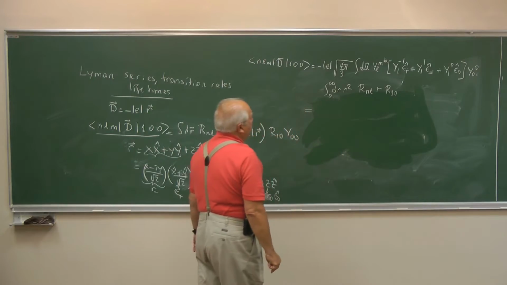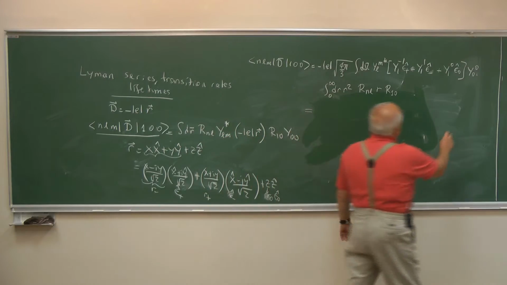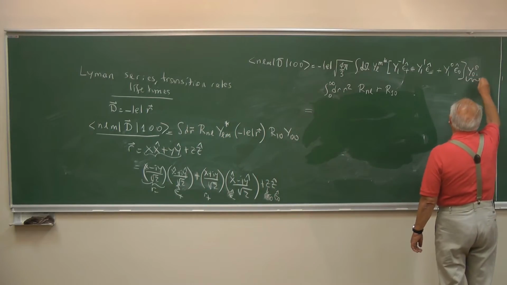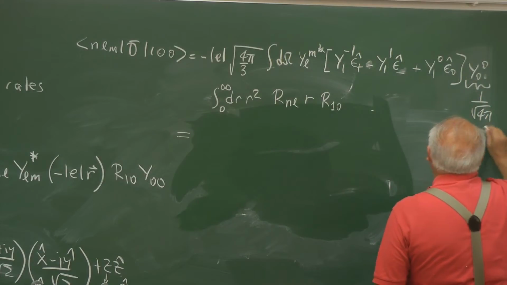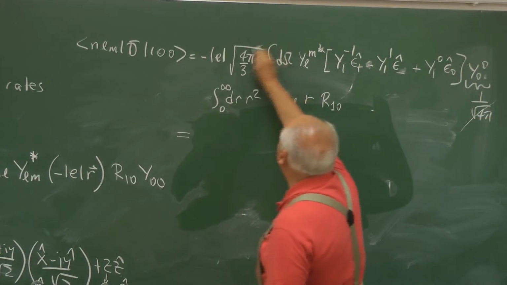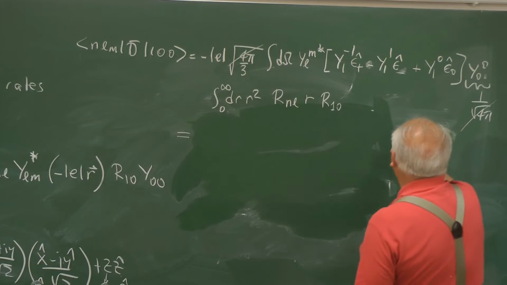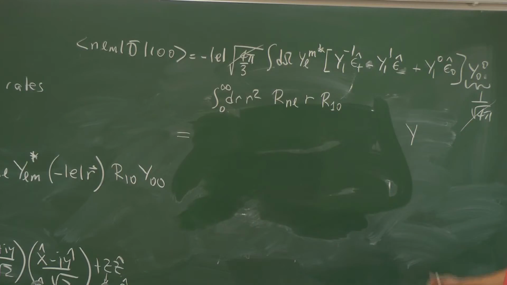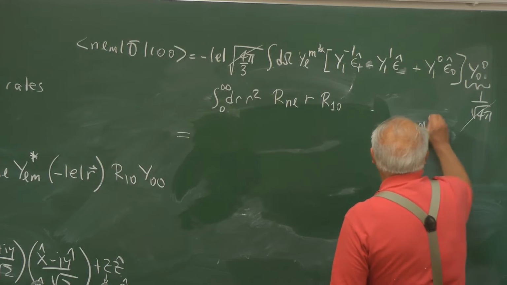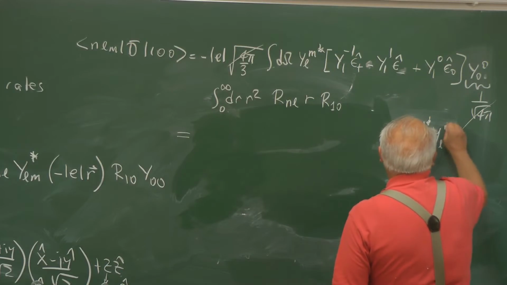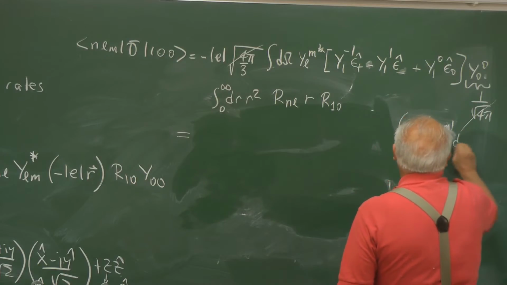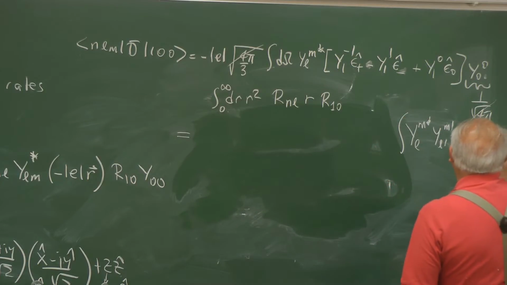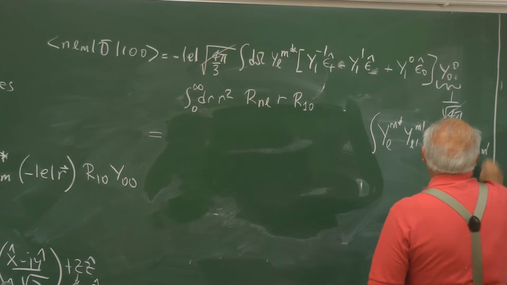Now we can do some of the integrals very fast because this is only a constant. This is 1 over root 4 pi. So this cancels the 4 pi here. And another thing is the orthonormality of the spherical harmonics. Spherical harmonics are just like the unit vectors, but in the angle space. So the integral of y l m star, y l prime m prime, over the angles is delta l l prime delta m m prime.